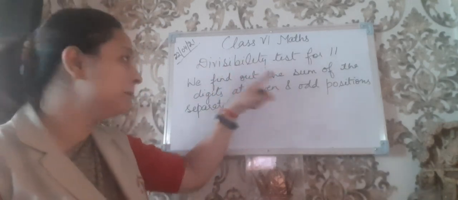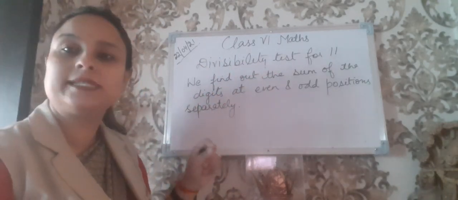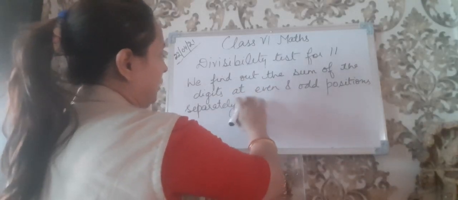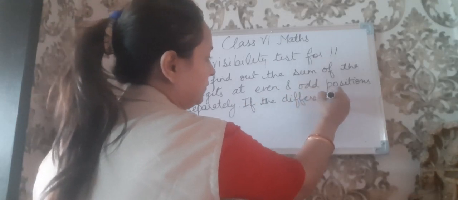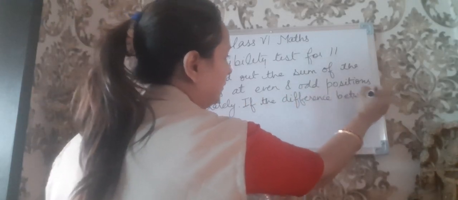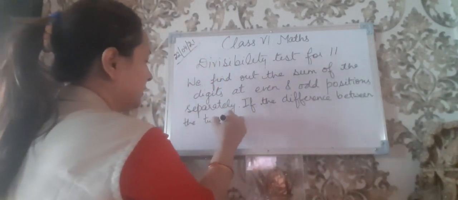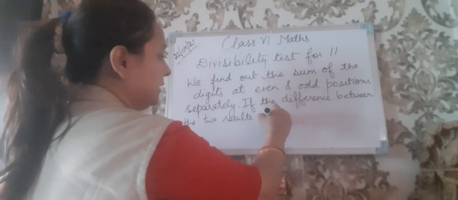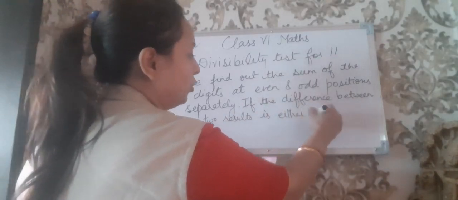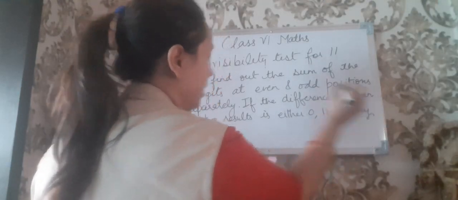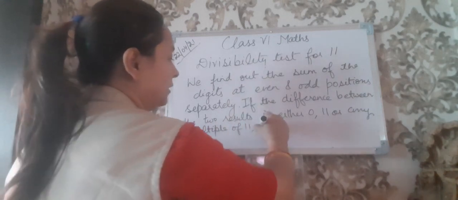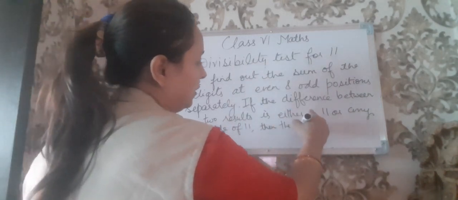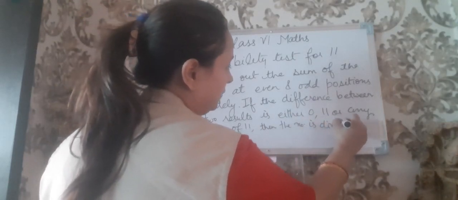We find out the sum of the digits at even and odd positions separately, if the difference between the two results is either 0, 11 or any multiple of 11, then the number is divisible by 11.